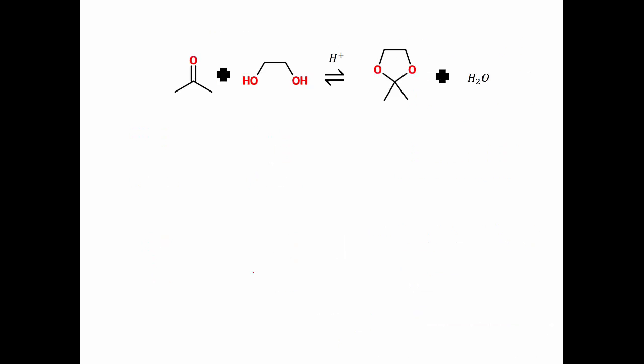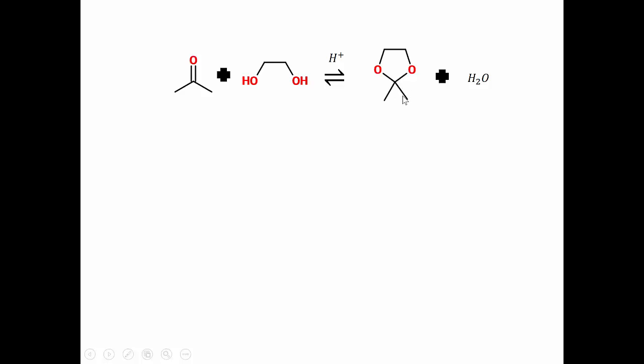Here's an example of our 2 alcohols being in the same structure. So we took 2 molecules and we turned them into 2 molecules, with one of them having a 5-membered ring, so fairly well preferred. This shifts the equilibrium in the forwards direction.